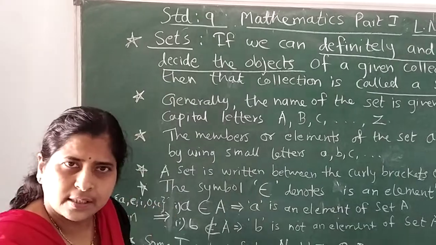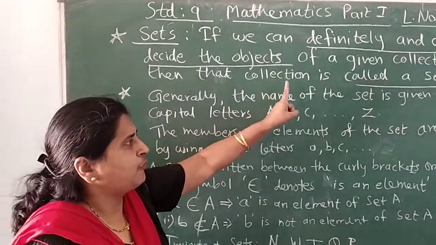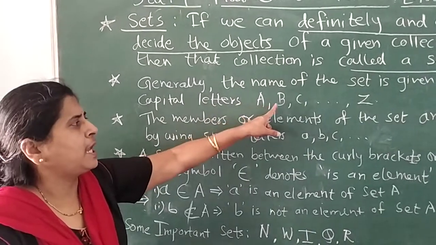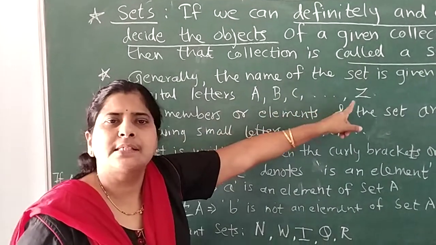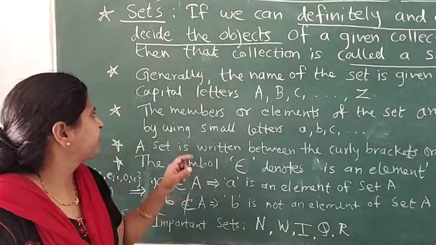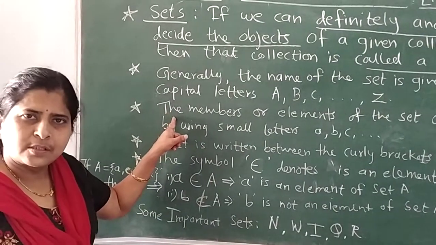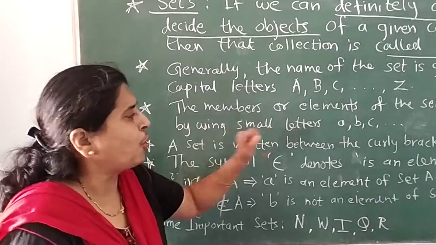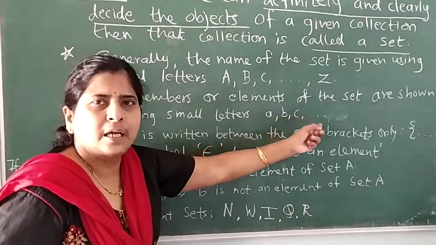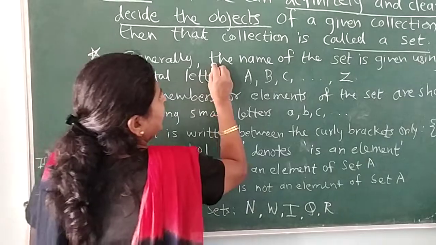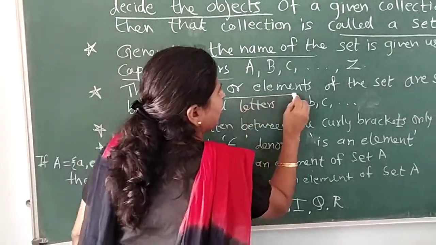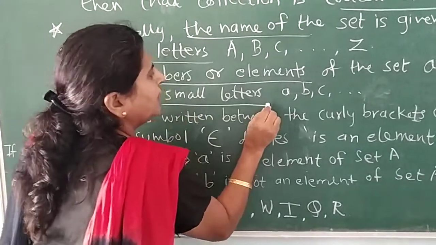Now, how to write a set? Generally the name of the set is given using capital letters, capital A, B, C till Z, any letter we can use. And the members or elements of the set are shown using small letters a, b, c and so on. So the name is written in capital letters and members or elements in small letters.